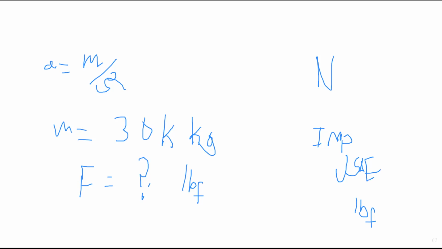Within your book, you should be able to find that conversion factor. Let's find it. 1 Newton, 63 pounds. Let's see, sorry.